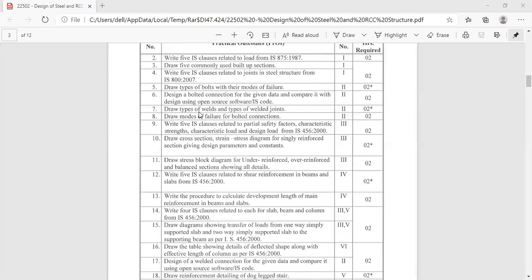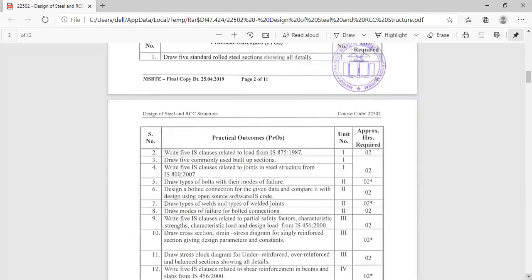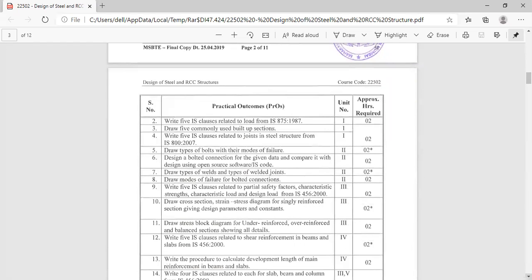Like practical number 1 is given, that is commonly used steel roller section with their sketch. Then practical number 5, that is draw the types of bolts and modes of failure. And in 7, that is draw the types of the weld and types of welded joint.